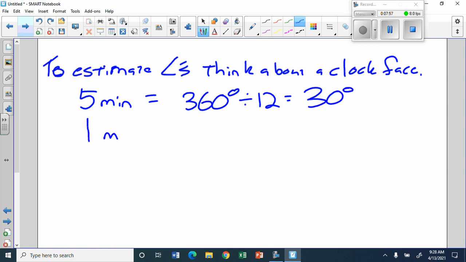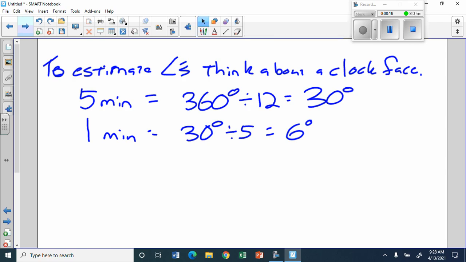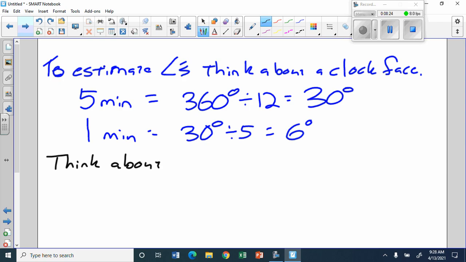So 1 minute would be 30 degrees divided by 5 equals 6 degrees. Whoops, not 60. Equals 6 degrees. So that is a good way to estimate angles, okay? Now, in all reality, what I do, I think about 90 degrees.